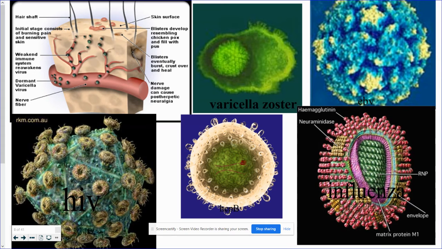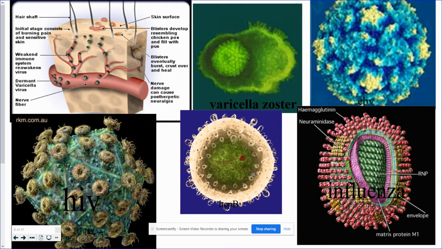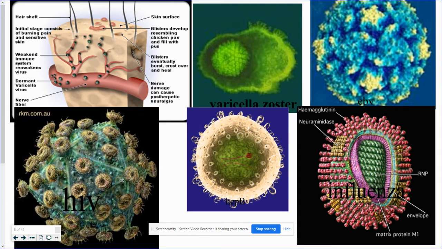Here's the flu virus, makes us very sick if you ever had the flu. This is the hepatitis B virus. HIV, human immunodeficiency virus. All right. This one specifically attacks immune cells, our white blood cells. And if your immune cells aren't working, you can get very easily sick from other things, not just the HIV.